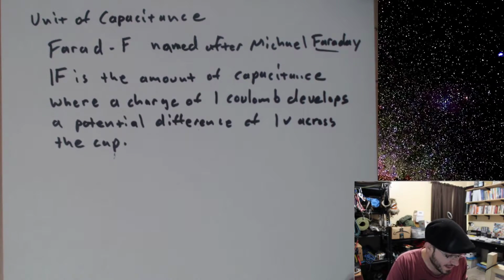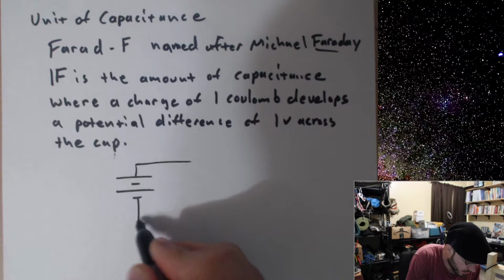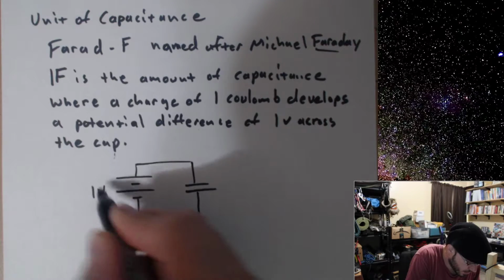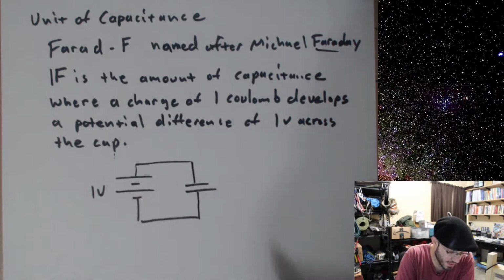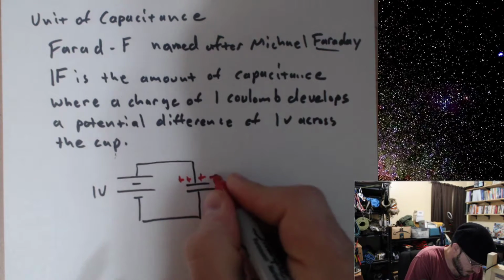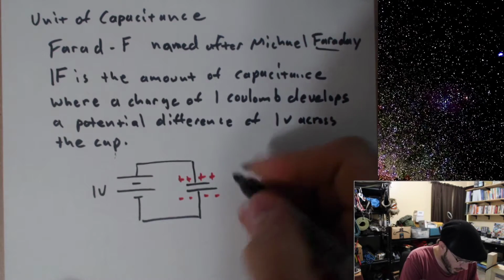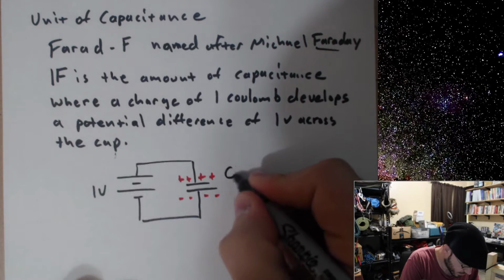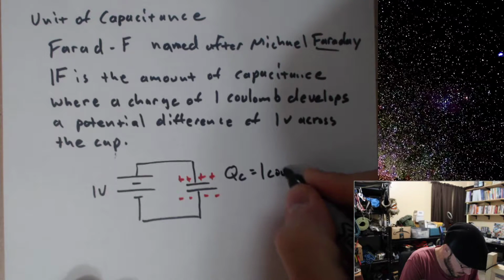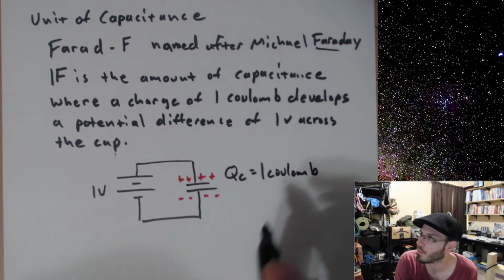Okay, so what does this mean? Well, if I have a 1 volt source that has built up one coulomb of charge, and remember a coulomb's equal to some number of electrons.